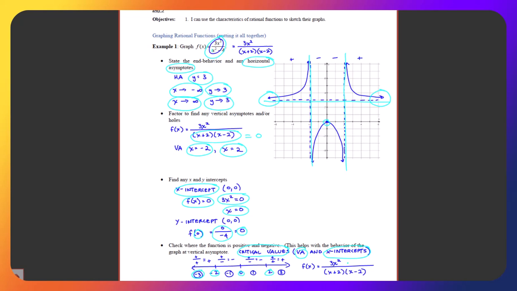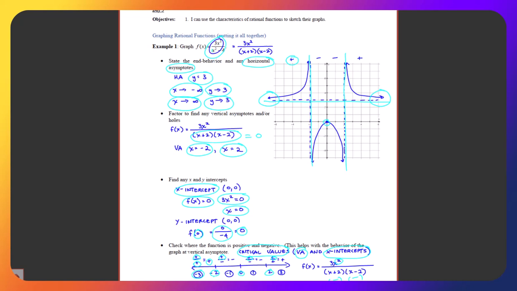And I look at the expression, and if I square anything, it's positive. So the numerator is always going to be positive for all of these, so I can ignore that from now on. And if I place -3 for x, this will be negative, this will be negative, and a negative times a negative is a positive. So the denominator is positive, and a positive over positive is positive. So to the left of -2, that region is positive.